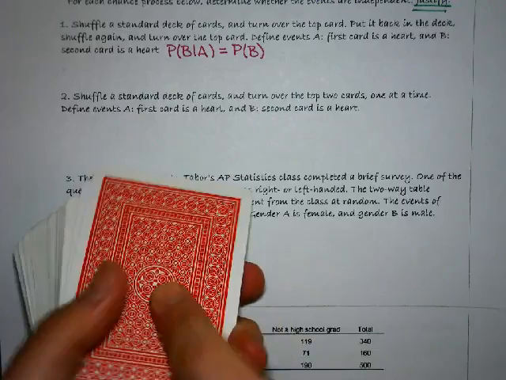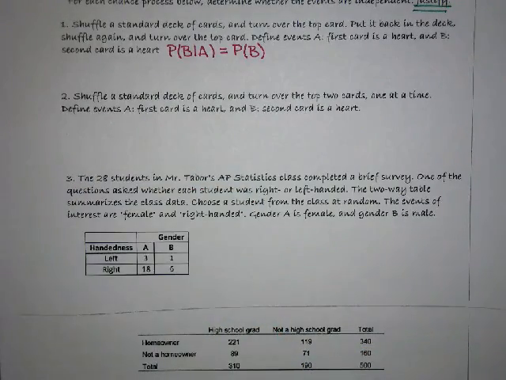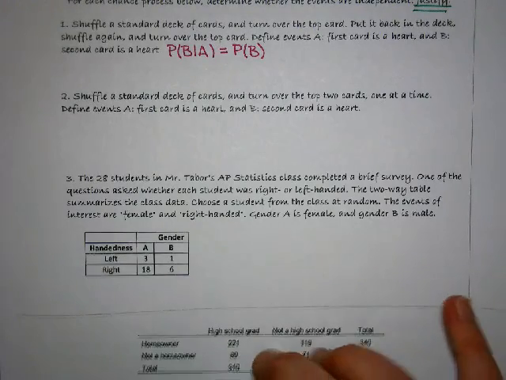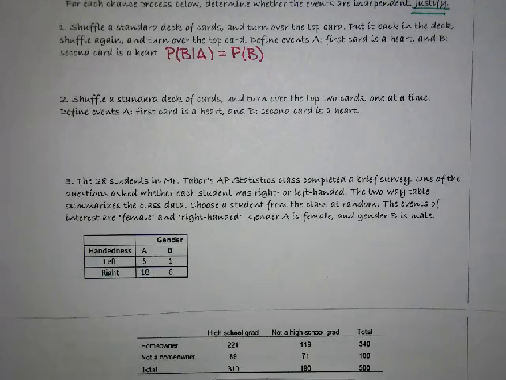Either throw it in the chat or unmute yourself. Sorry, I interrupted you. 13 out of 52. Say it again. 13 out of 52. Perfect. Thank you, Chloe.